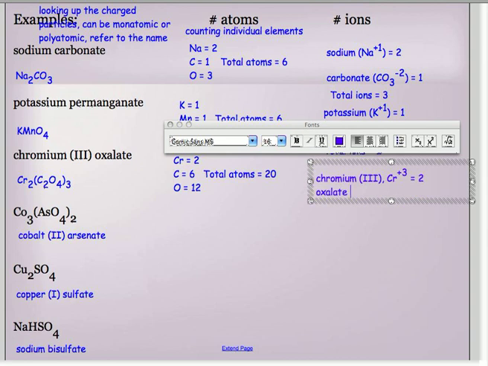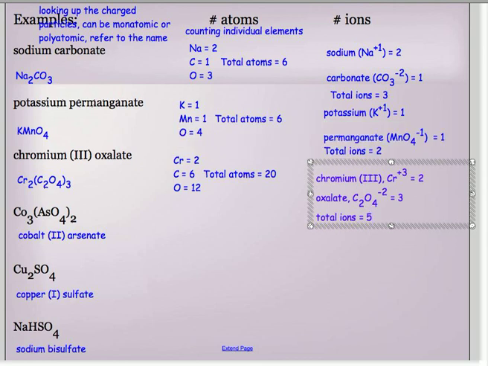The other thing we're looking up is oxalate, which is C2O4 minus 2. It's in parentheses, so that's telling you there's more than 1. You're going to look right after your parentheses to see how many there are. And what that means is there's 3, which gives us total ions of 5.